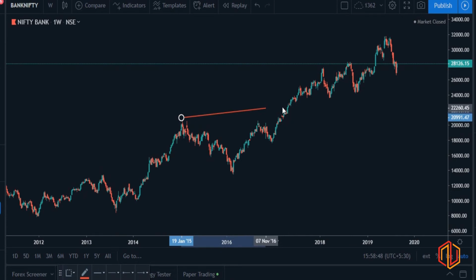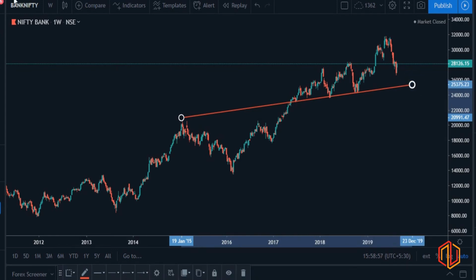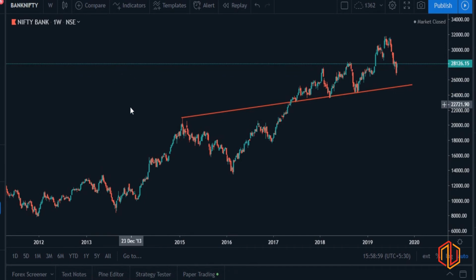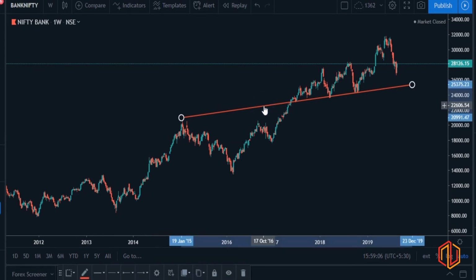Okay, now there's a possibility you might not get it right the first time, which is absolutely okay. It's all about trial and error. Just use the one which gives you the maximum number of touches. The one that acts as both support and resistance would be more reliable.